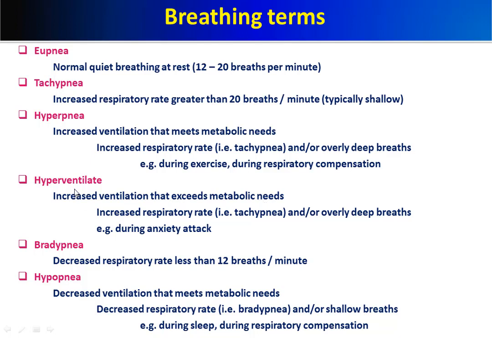Also in hyperventilation, there is increased respiratory rate, there is tachypnea, where the breathing rate is higher than 20 breaths in 1 minute, and or overly deep breaths. Hyperventilation is seen in cases of an anxiety attack, when someone is under anxiety.